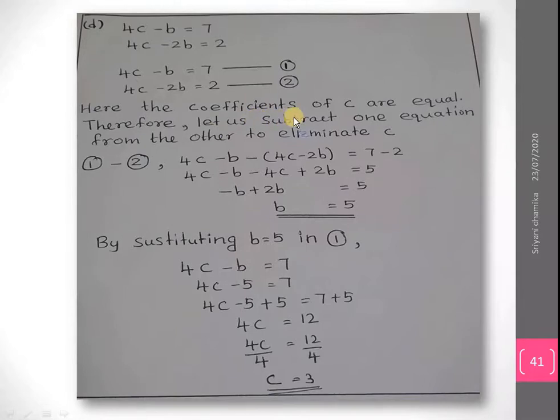So let's subtract one equation from the other to eliminate c. These are the steps. Follow these steps and try to do this question. After that, check your answers with this.